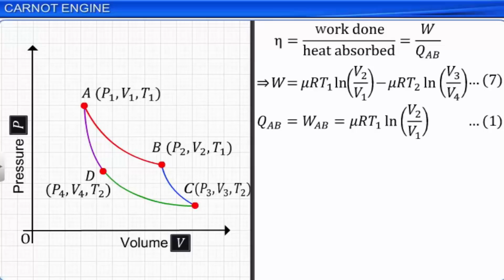In processes BC and DA, no heat is exchanged since they are adiabatic. And in process CD, heat is released. Hence, these three processes are not considered. Therefore, efficiency is equal to W by Q_AB.